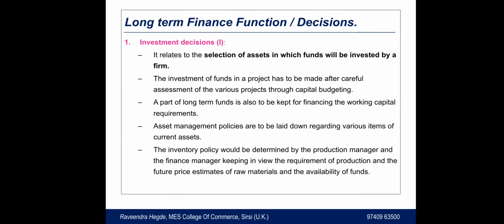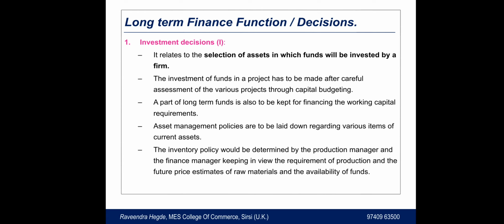Long term funds are used in a project for various fixed assets and also for current assets. The investment of funds in a project has to be made after careful assessment of the various projects through a technique called capital budgeting. A part of long-term funds is also to be kept for financing the working capital requirements.